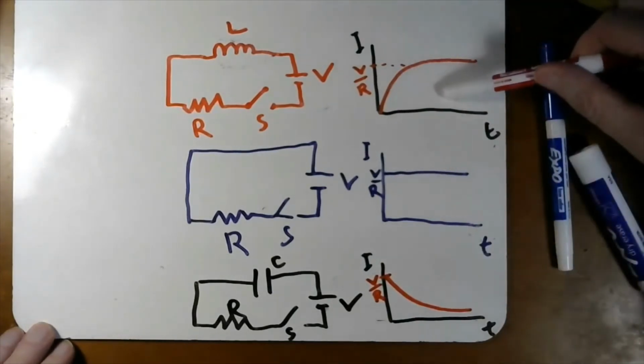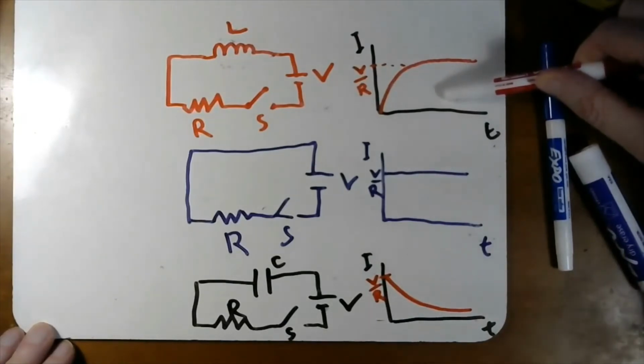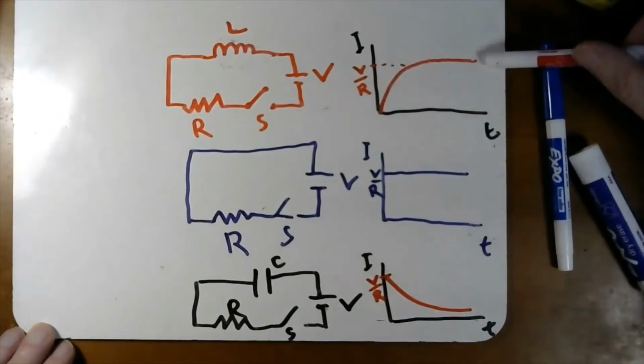The inductor limits the flow of current initially, and eventually, as you get a constant current, there's no more changes of magnetic field in the inductor, so the inductor no longer has an induced EMF, and the current reaches the maximum value and just stays constant.